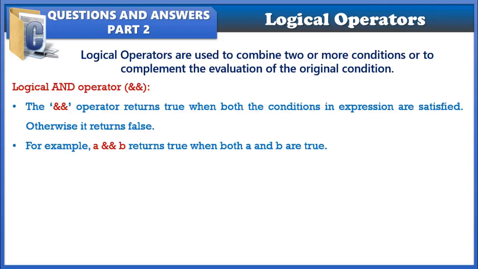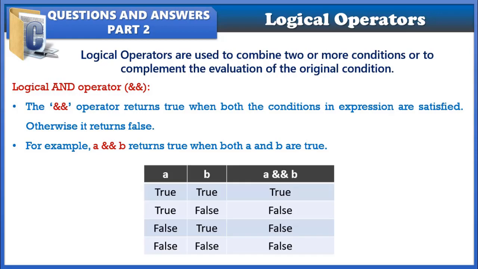First, the logical AND operator. The logical AND operator returns true when both the conditions in the expression are satisfied, otherwise it returns false. For example, A logical AND B returns true when both A and B are true. So this is the truth table of the logical AND operator. If both A and B are true, the expression will return true.